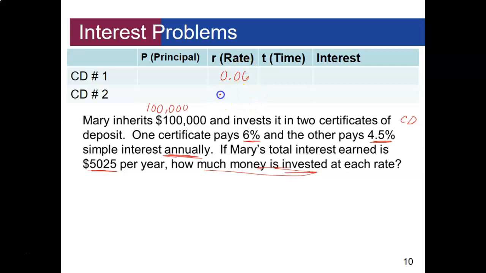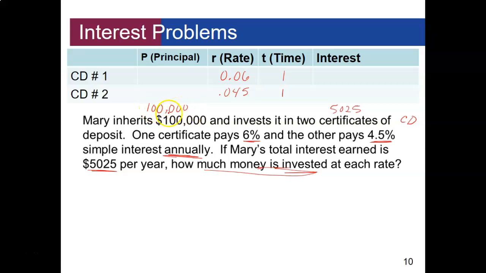The other converted to a decimal is 0.045. This is an annual percentage, so each of these is going to be for 1 year. And we also know her total interest earned is $5,025.